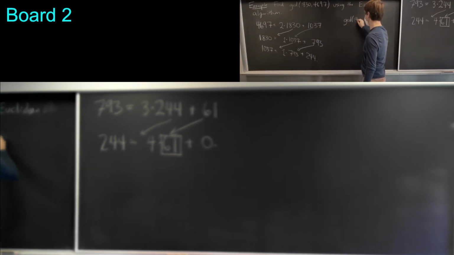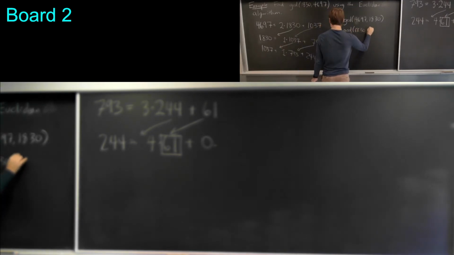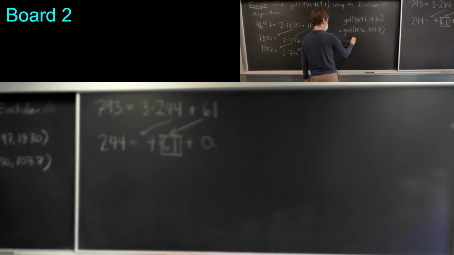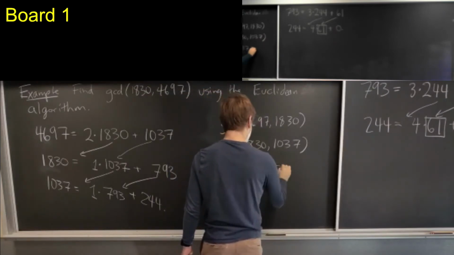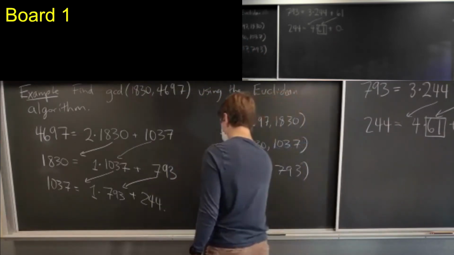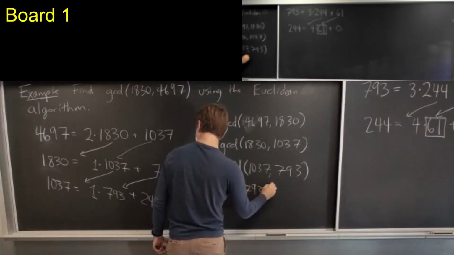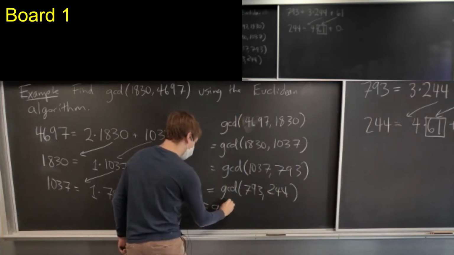So the GCD of 4697 and 1830 is equal to the GCD of 1830 and 1037, which is the GCD of 1037 and 793, which is equal to the GCD of 793 and 244, which is equal to the GCD.